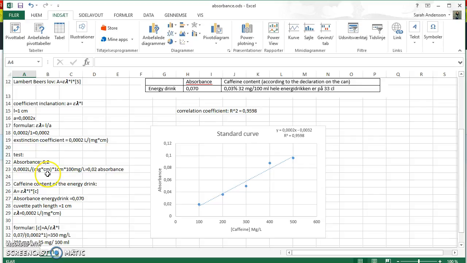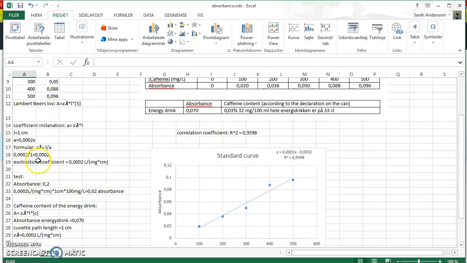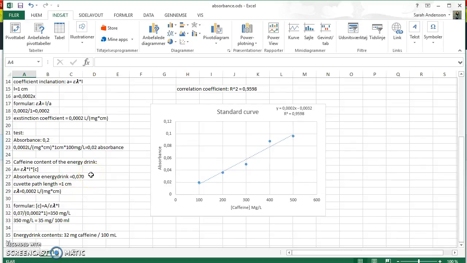So here we just put it into Lambert-Beer's law to see if the coefficient gives us the right result, which it did, because we have the extinction coefficient multiplied by the path length multiplied by the concentration, and then we have the test graph where we see the absorbance over the caffeine content, and that should be an absorbance of 0.02.